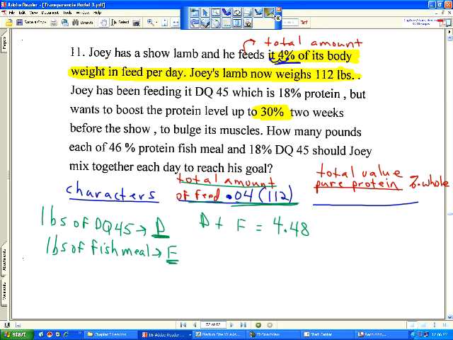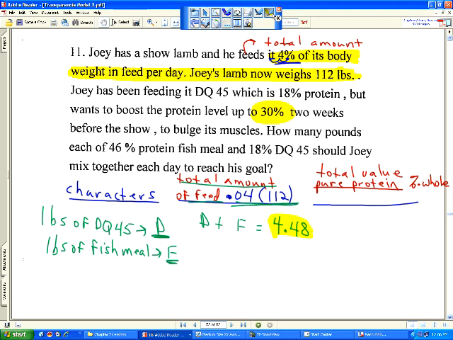My result needs to be the yellow stuff. I need to get my total amount right, 4% of his body weight. And of that 4.48 pounds of feed, I need 30% of it to be pure protein.